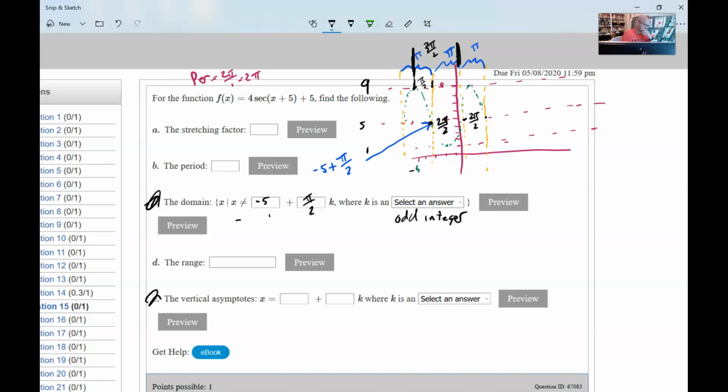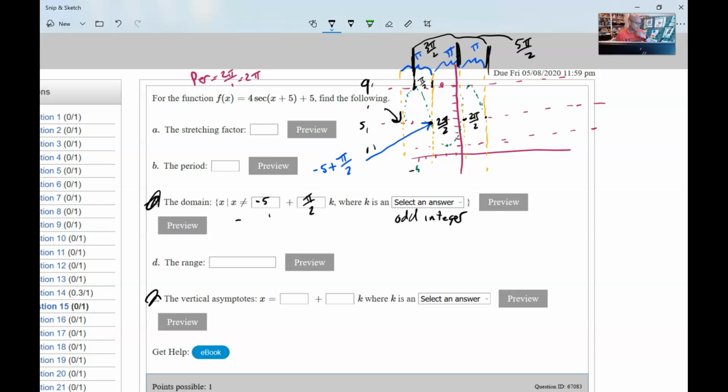And from there to the next one, it's 5 pi over 2. So you see what happened is if I add odd multiples of pi over 2, I get all the asymptotes. And it even works going backwards, right? If I put a negative 1 in for k, that'll take me back to this asymptote. And then if I plug in a negative 3 for k, that'll take me to the next one over here, etc.